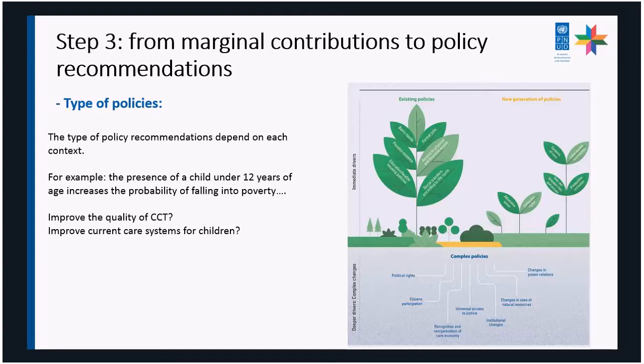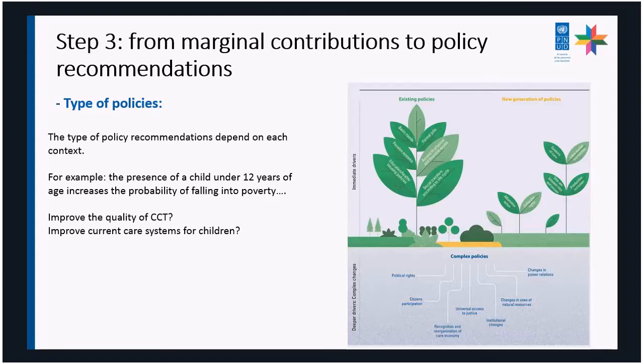So we should recommend creating a conditional cash transfer program so poor households can go to the labor market and can pay for systems of care, or we should provide free systems of care for children under 12 years.